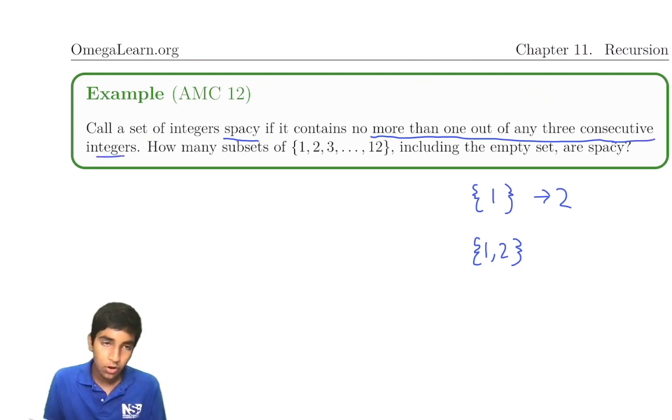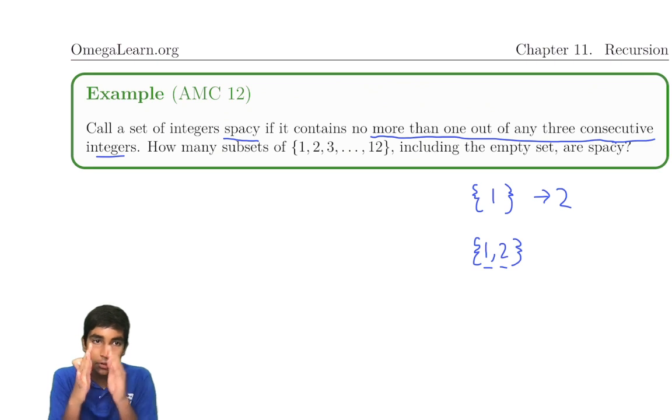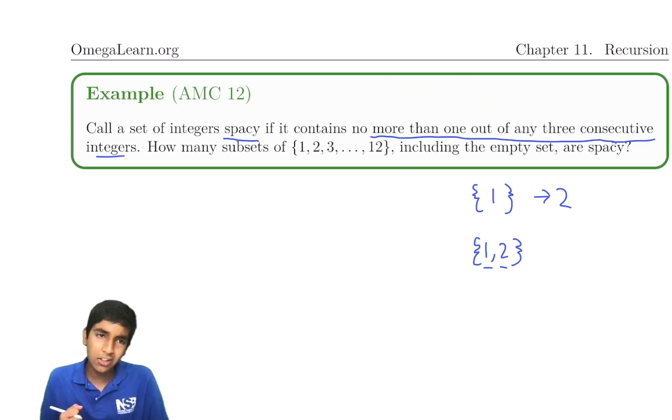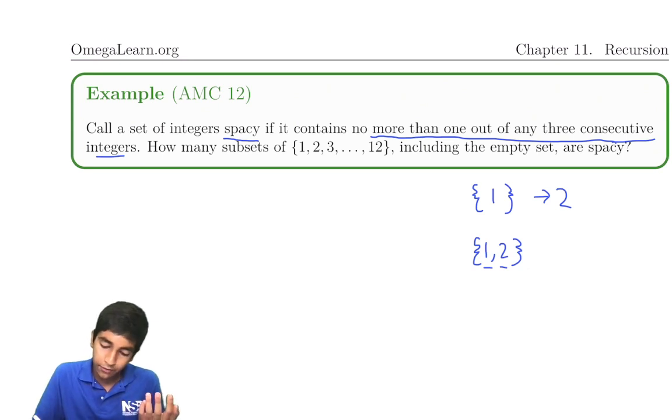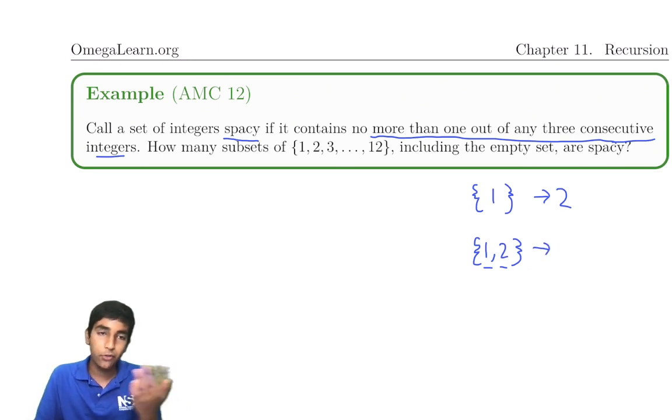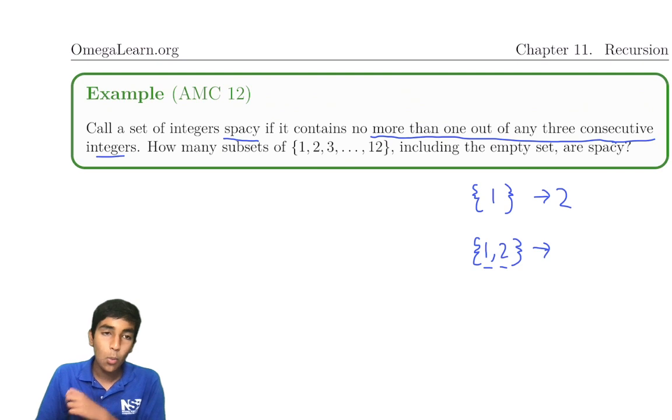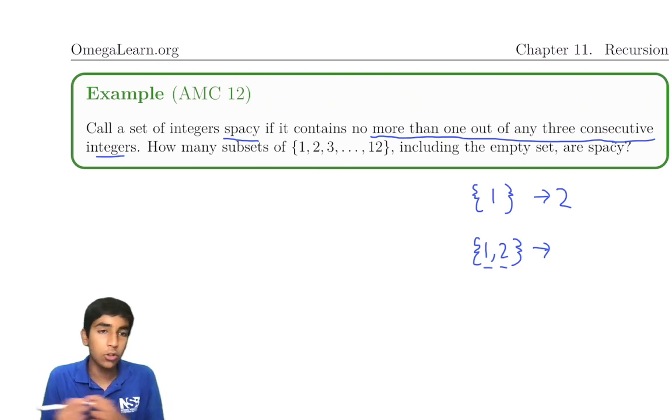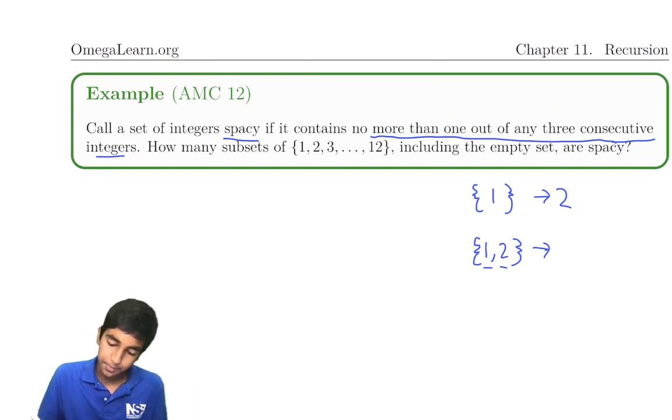It contains 2. They're both consecutive. So there's 2 consecutive integers. So that doesn't work. But there's a total of 2 squared by the subset formula, 4 subsets. 1 doesn't work. The other ones all do work. Because 1 element is just fine. It says no more than 1, but 1 is 1. So 2 squared minus 1, 3.